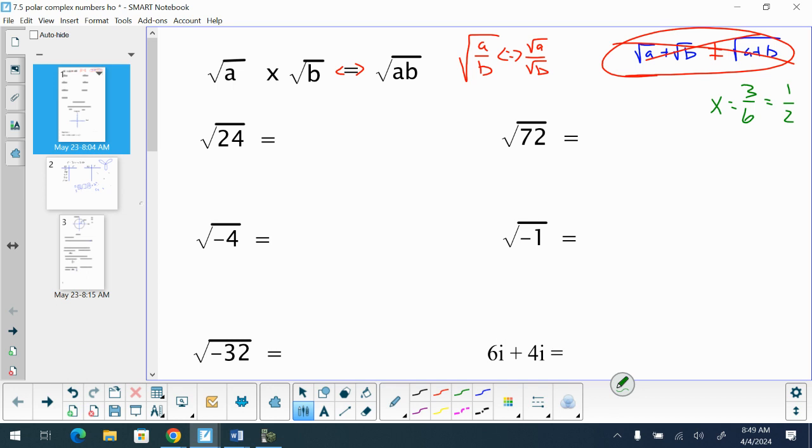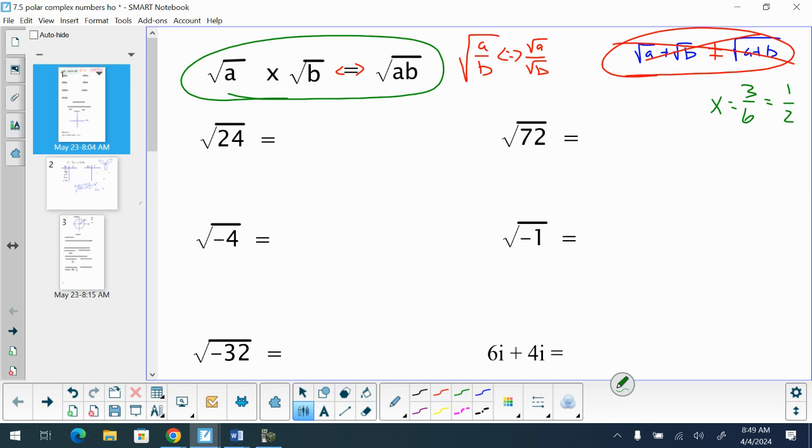Leaving radicals in unsimplified form is also not quite as accepted. We want to be able to reduce our radicals down also. How we reduce our radicals down is by utilizing this property right here.